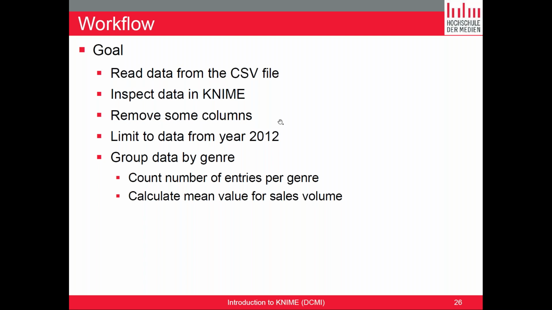And because this is still quite a lot of information, we want to group the information to get a more abstract view on this data. Here we choose the genre to group the data by and count how many games are there per genre in the year 2012. And calculate the mean value of the sales volume to see what type of game was more expensive than others.